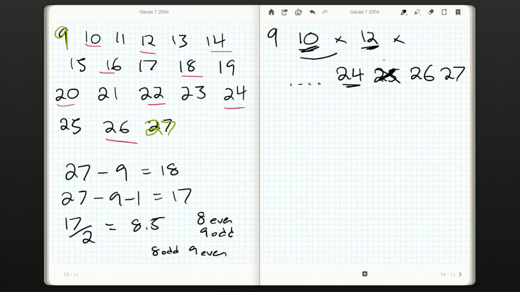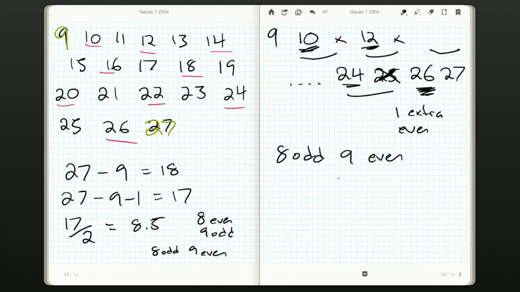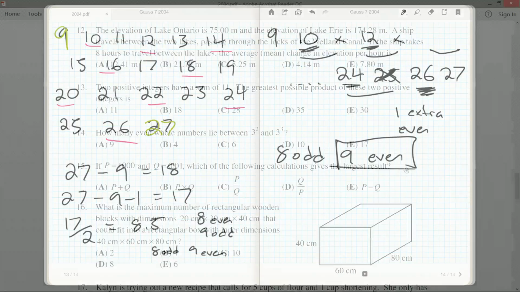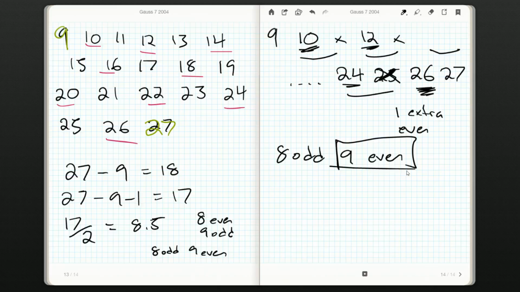So I get pairs, and then accounting for my evens and odds, I get one extra even, which is 26. I can't have more odds than evens at that point. I have to have 8 odd and 9 even. So 9 is our answer. And what was that? Was that A? Yeah, 9 is A.